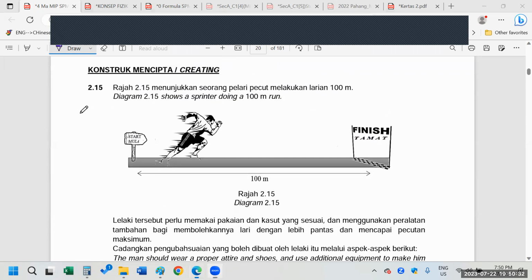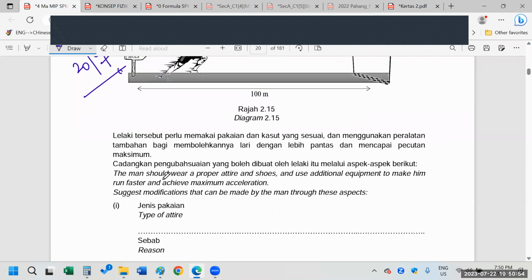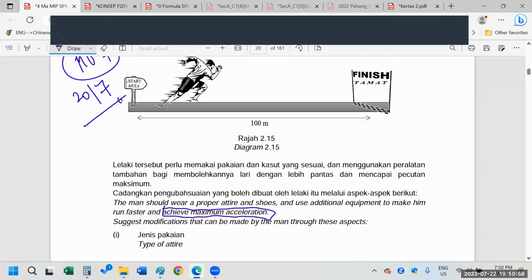This is number 7. Normally they give you the format, and this is SPM 2017, if I'm not mistaken. So this athlete wears proper attire and shoes, uses equipment to make him run faster and achieve maximum velocity. What kind of attire should he wear?